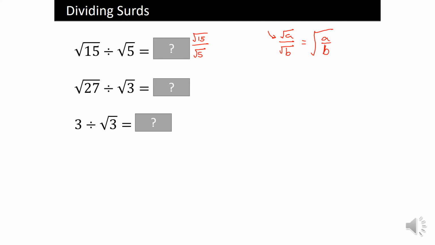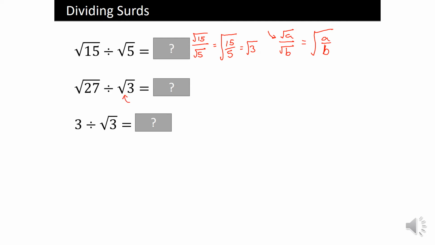So you can see we've got a square root of something divided by a square root of something else. We can write that as the square root of, and then 15 over 5. So that would be square root of 3. So similar idea to multiplication, we're just using the rule that we looked at yesterday.